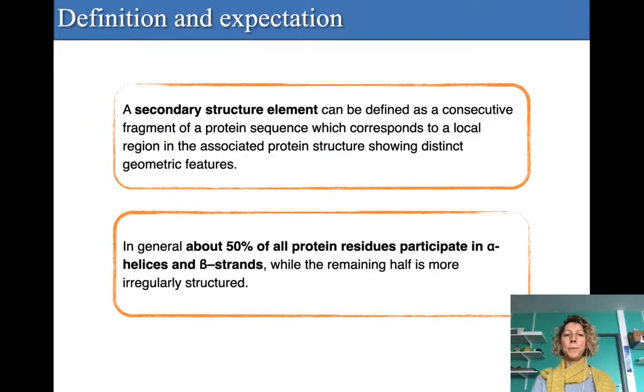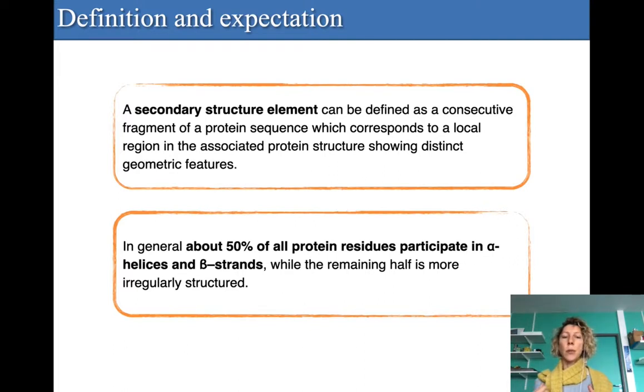So first we need to define what is a secondary structure element. It can be defined as a consecutive fragment of a protein sequence which corresponds to a local region in the associated protein structure, showing distinct geometric features.